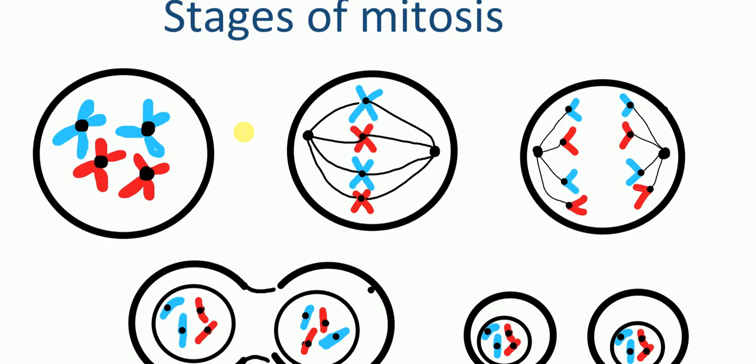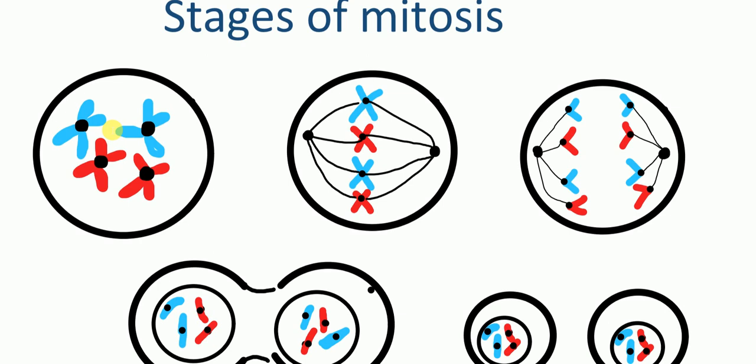So whenever you're making an onion root slide and your teacher or professor asks you to identify prophase, what you see here is that you cannot see the nuclear membrane and you can see the condensed structure. Now you can see the X-shaped structure of a typical duplicated, or replicated, chromosome.